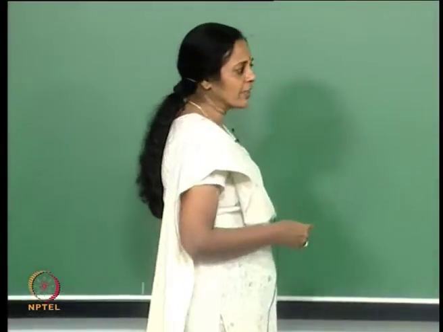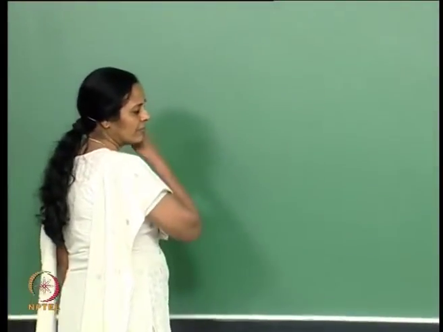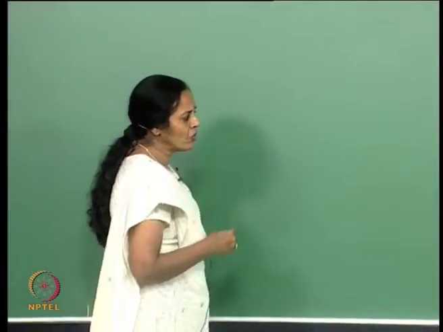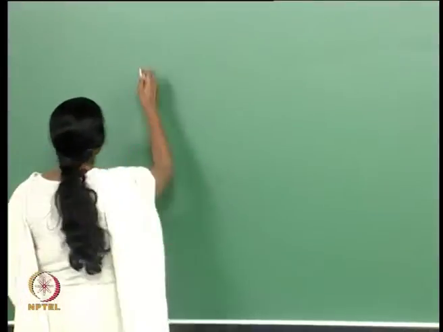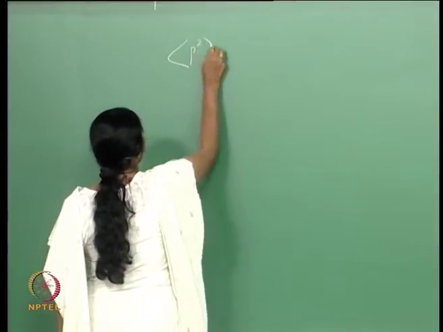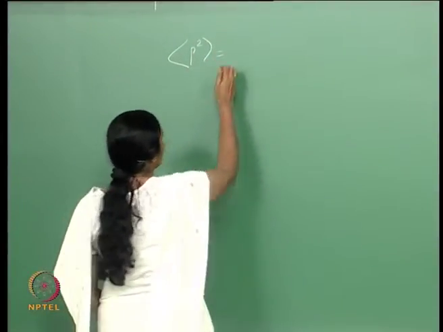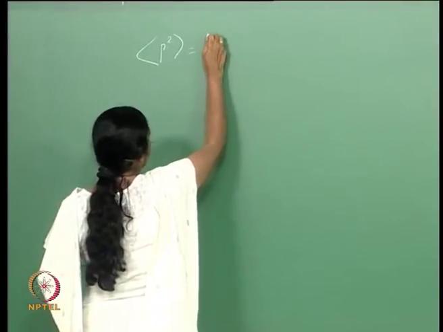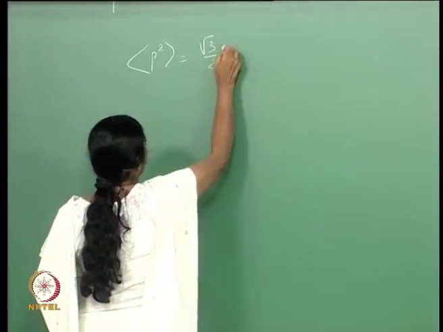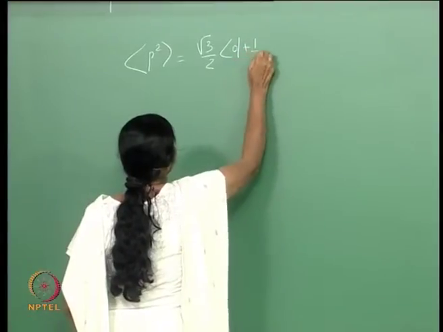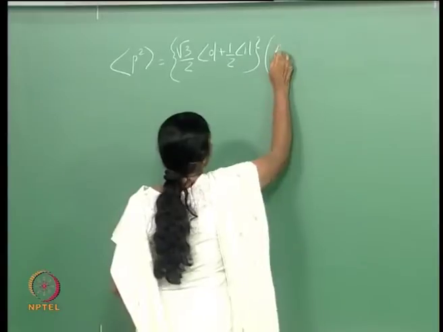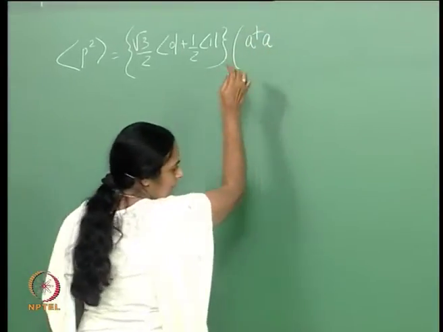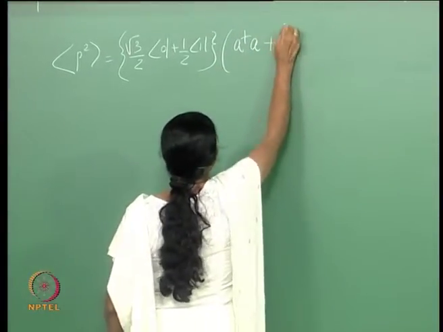So, what is expectation P squared in this state? As before, A squared and A dagger squared do not contribute, and we merely have expectation P squared. The state itself is given here, and there is an A dagger A plus 1.